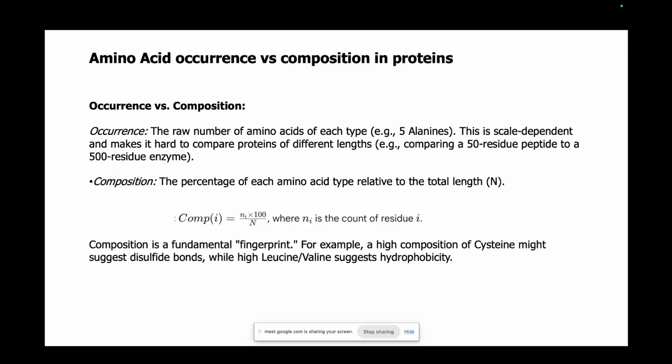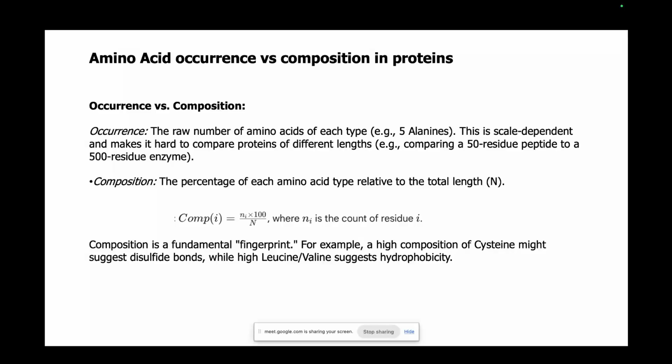So first, when you're looking at a protein, the question is what amino acids it is composed of, right? There are two things that we are interested in. First is the occurrence of the amino acid, just the number of times an amino acid appears in the protein.